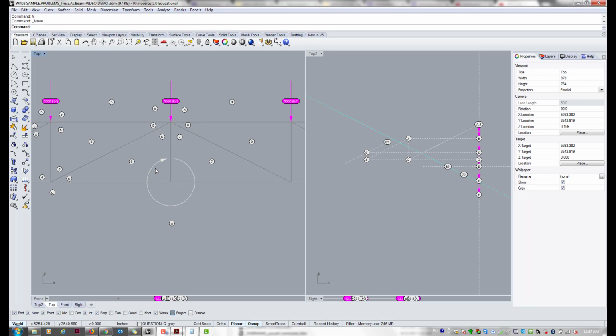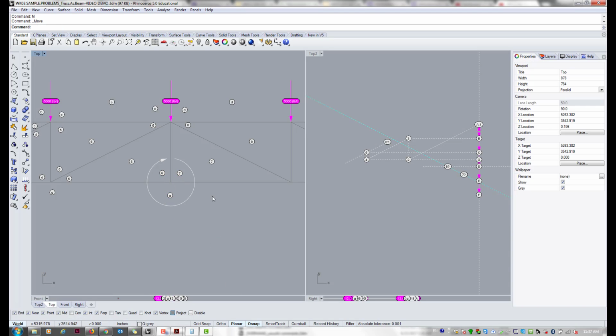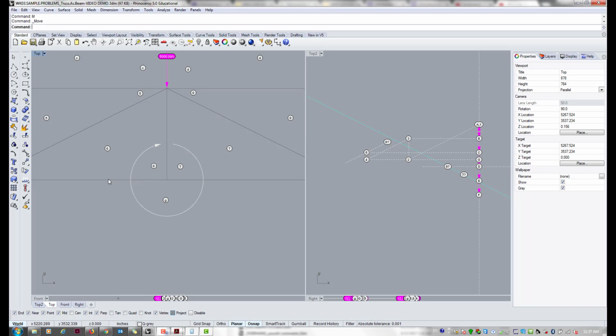So let's move down here. Now we have 6 and 7 and G. So now, looking at this one, there's got to be a horizontal one that's starting from G, ending at 6.